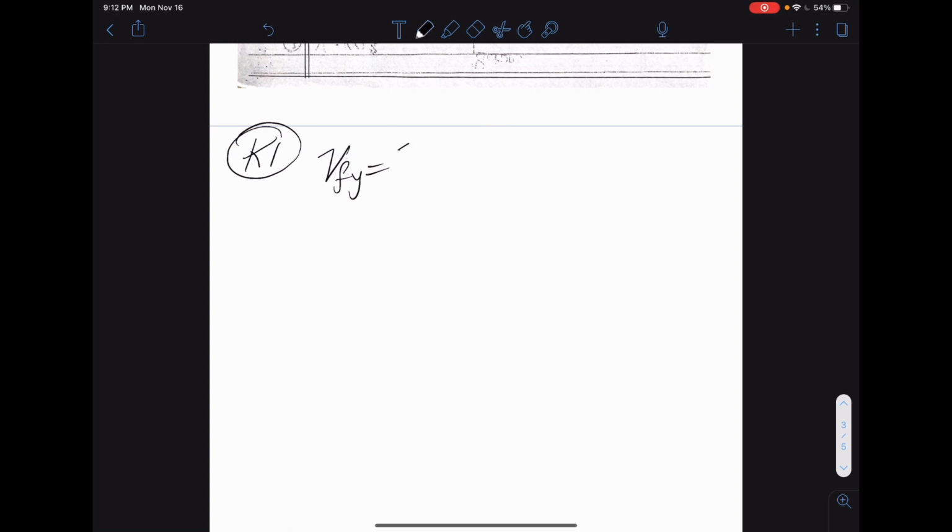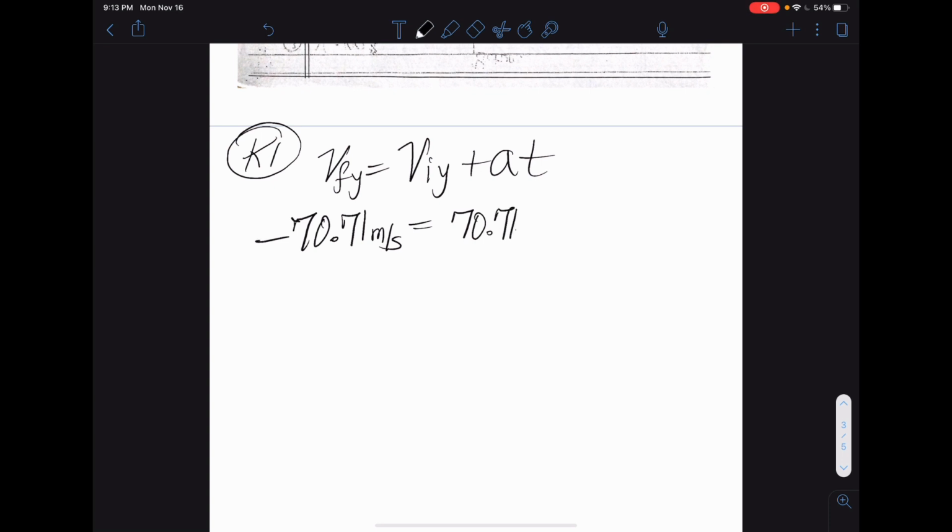If we did this, what I was trying to say is this. We'd have negative 70.71 because in the final it's going to be pointed down, the Y velocity, and in the initial it's pointed this way. And we would have negative 9.81 times T total.